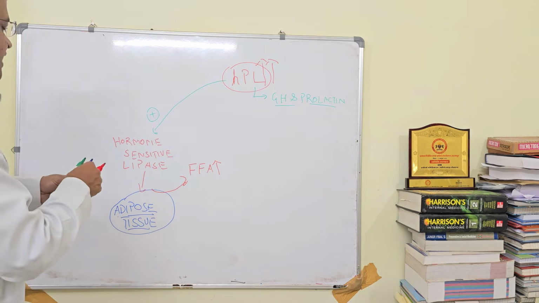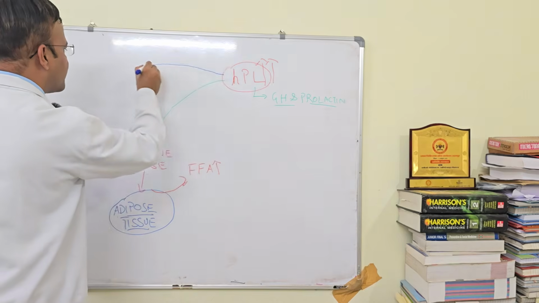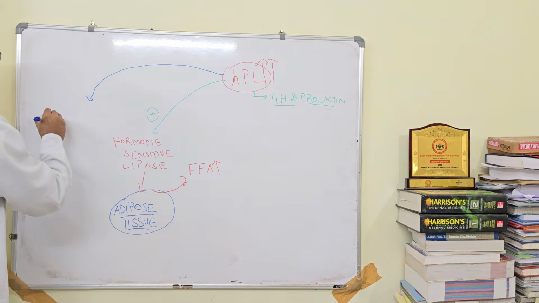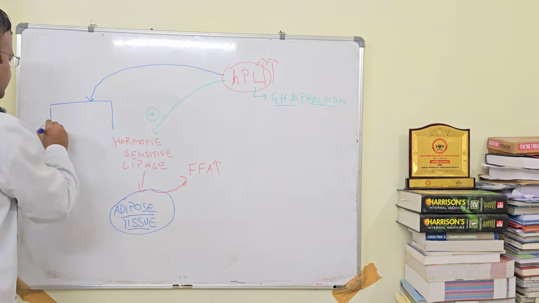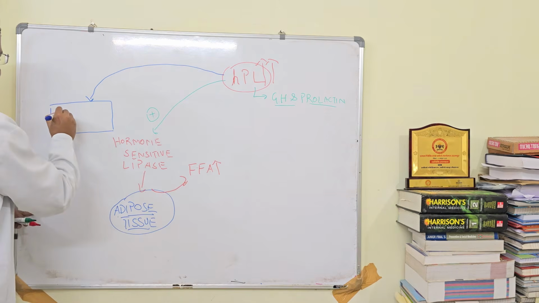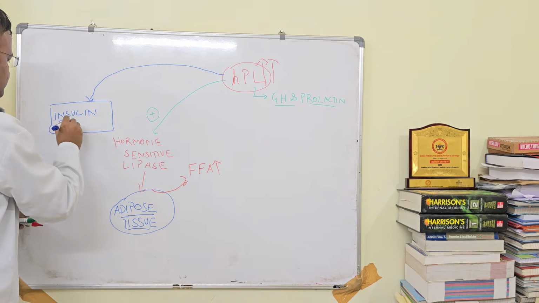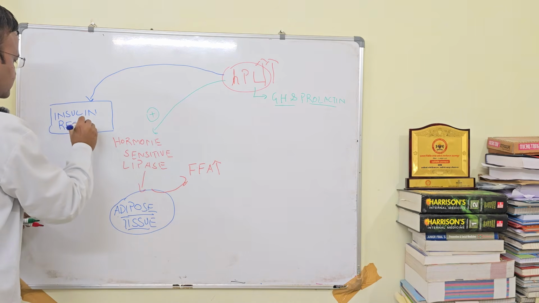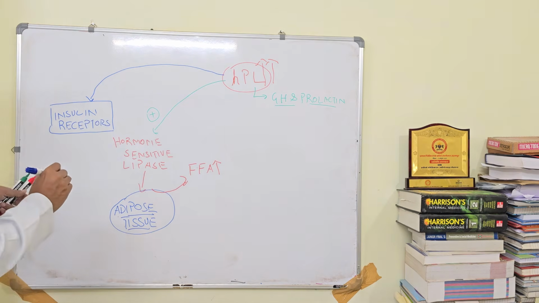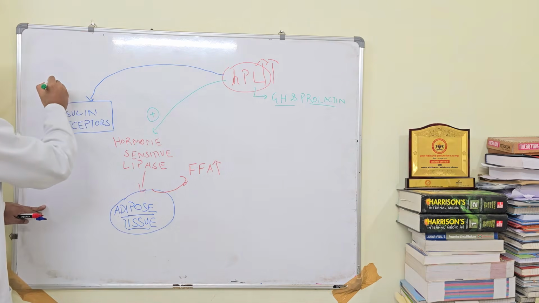This human placental lactogen will also lead to serine phosphorylation of your insulin receptors. They will undergo serine phosphorylation because of human placental lactogen.